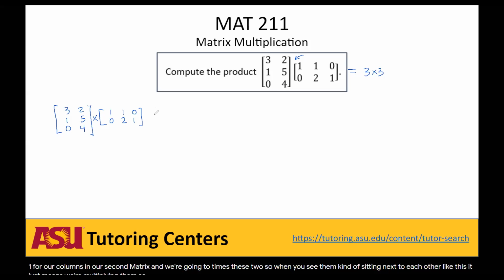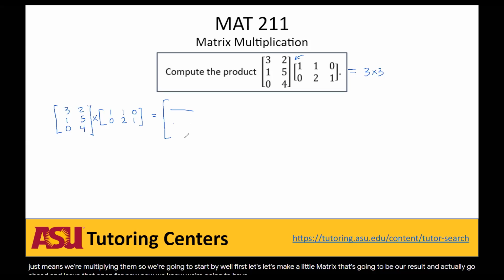First, let's make a little matrix that's going to be our result. We'll leave that open for now. And we know we're going to have 3 by 3 elements here, and so we'll go ahead and fill those in.